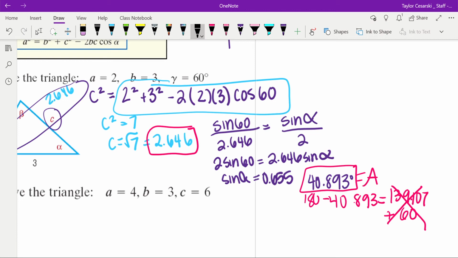I know all the angles add up to 180, so I can just do 180 minus 40.893 minus, what was my other angle, 60. And that should give me 79.107.